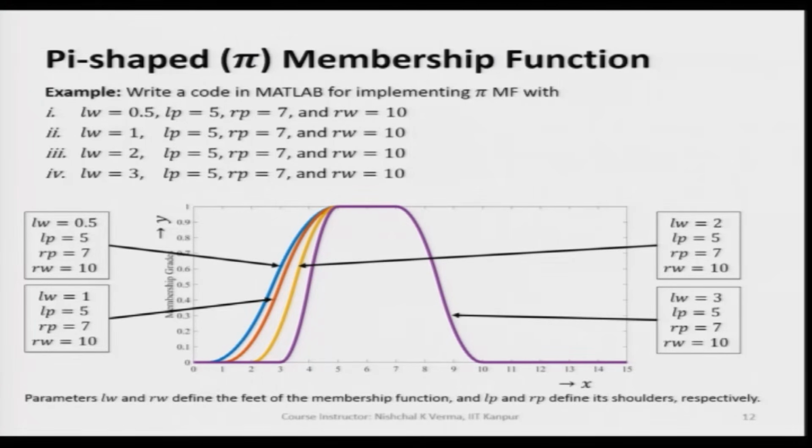We have taken the first case here where Lw is equal to 0.5, Lp is equal to 5, Rp is equal to 7, Rw is equal to 10.